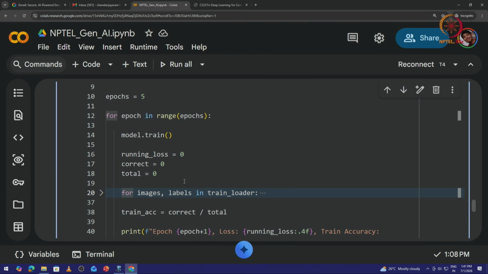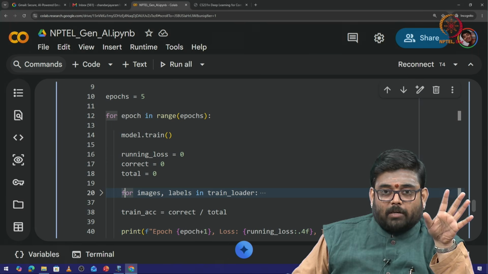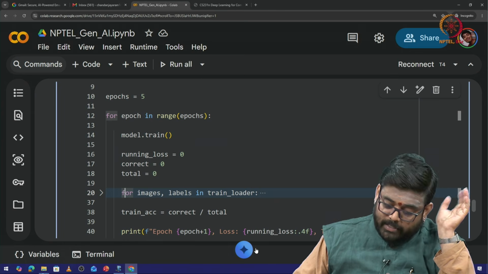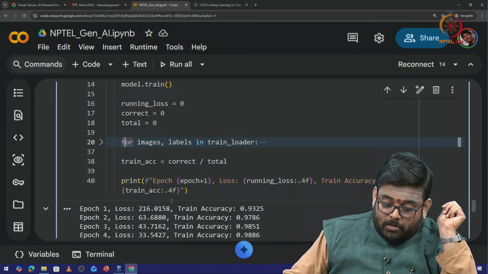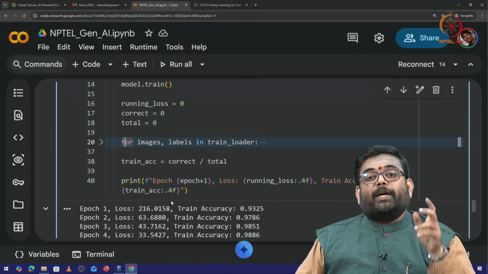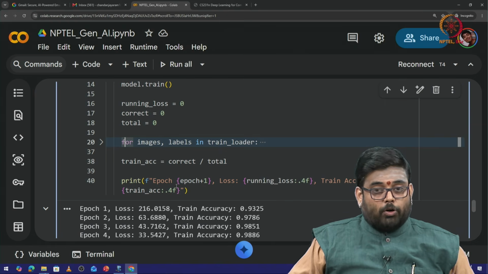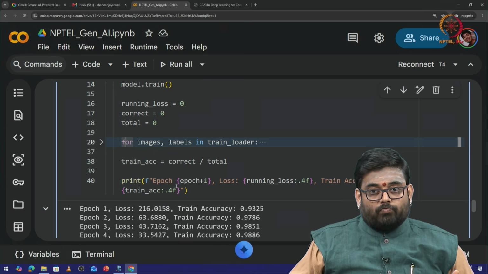It is not like the earlier examples, where for each epoch the weights were updated only once. Here, for each batch there will be a weight update, so please keep that clear. That means the number of weight updates is the number of batches times the number of epochs done.